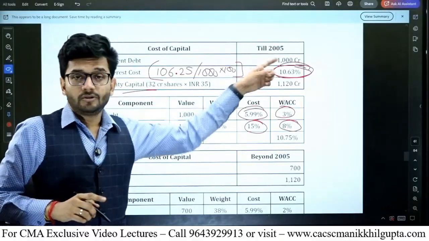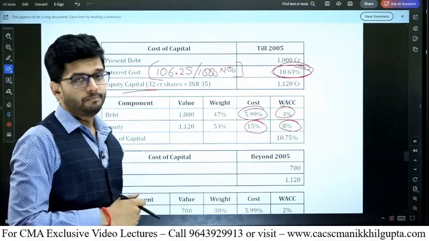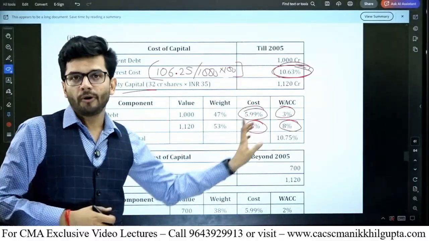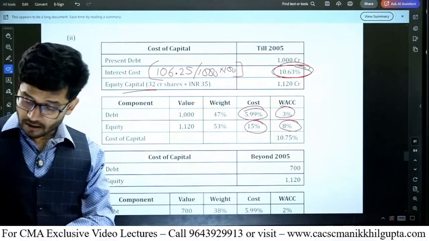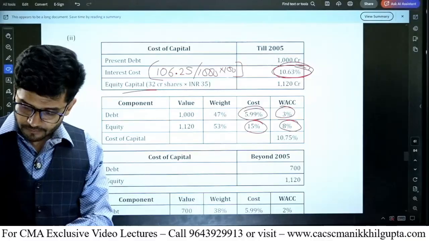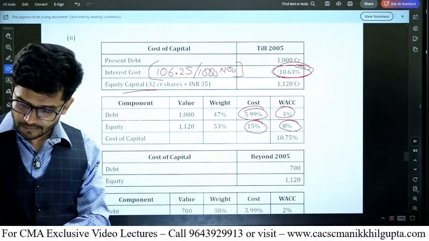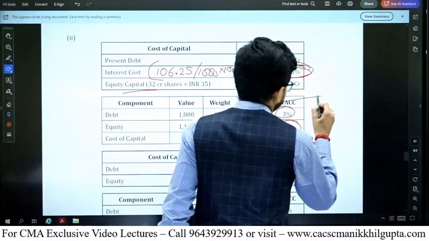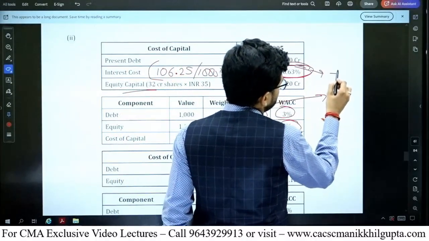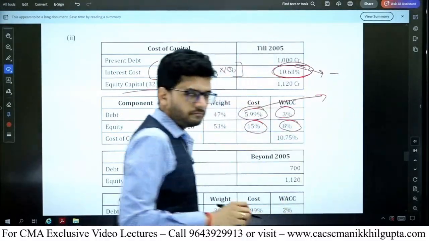Now I have not reduced tax in it. This is pre-tax. So post-tax is 5.99. How is 5.99 computed? 10.625 minus 44%, this minus the tax rate, we'll get this amount.